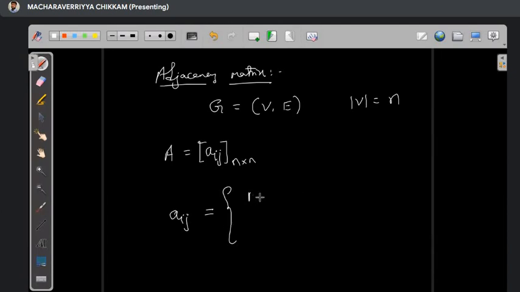So we will take the entry 1 if Vi Vj is an edge in G. From the ith vertex to jth vertex, if there is an edge, we denote 1 at the ijth place of the matrix. Otherwise we will keep 0.